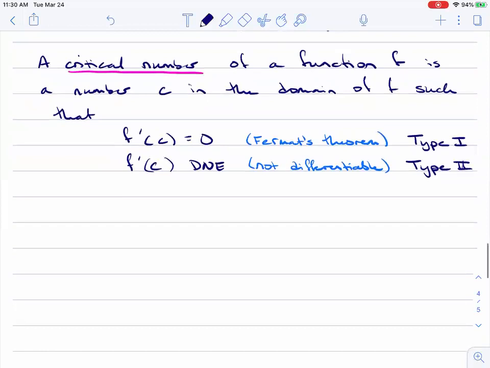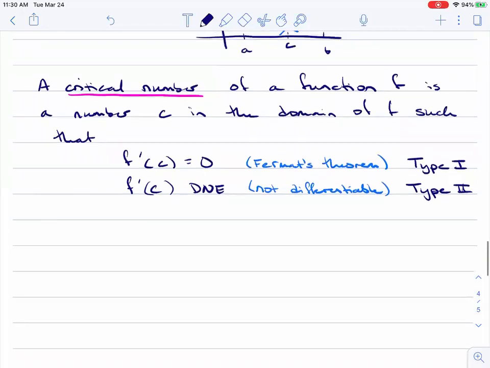So these are what we call the critical numbers, and the type 1, type 2, they're the ones that we want to keep an eye out for. So the critical numbers are what we're trying to find, and we always have to check both types.